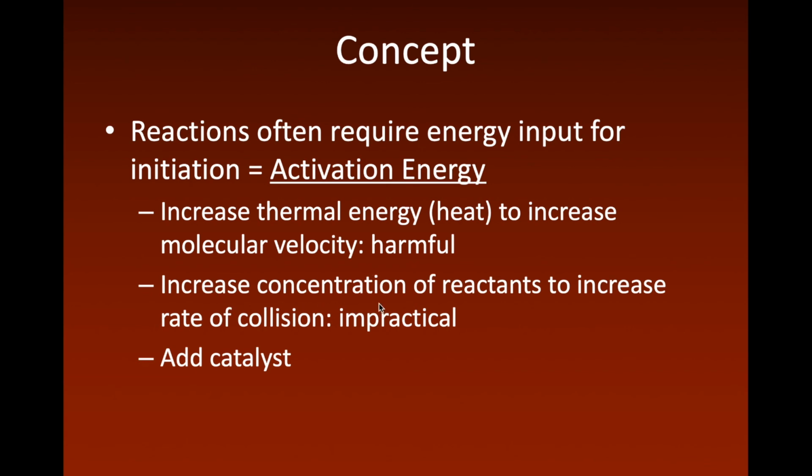Alternately, it could increase the concentration of reactants to increase the rate of collision. This is usually an impractical system, though sometimes the cell does this as well. But to solve all of these problems of activation energy, a catalyst is added. So an enzyme will help speed up the rates of these reactions by reducing that energy of activation.